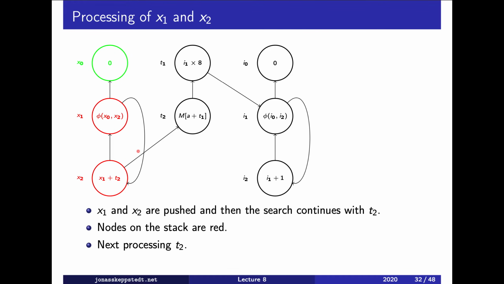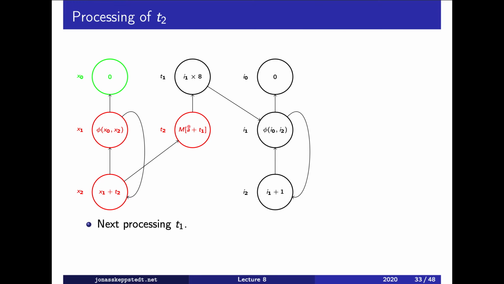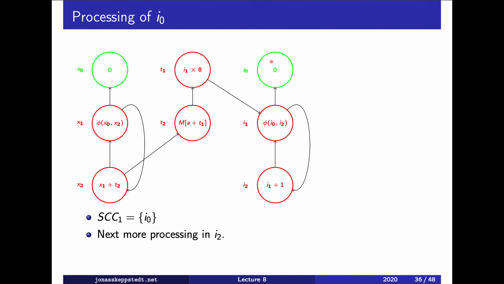So these are on the stack, and then we continue here, and that one's also on the stack, and we continue there, and now we come to this, which will continue up to I0, and since that's a strongly connected component by itself, it's popped from the stack.